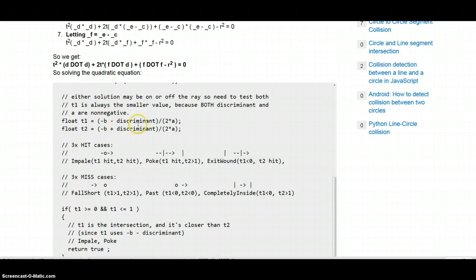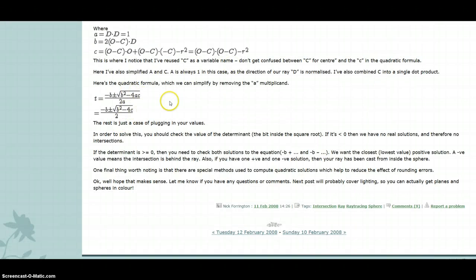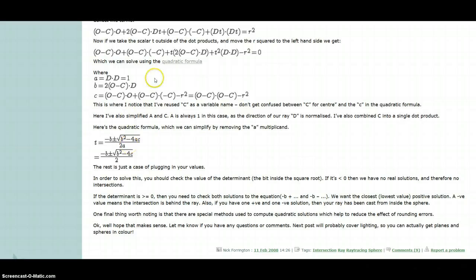And if I show this from the next formula, the quadratic formula, it means that we do this calculation for both the plus and minus operations.